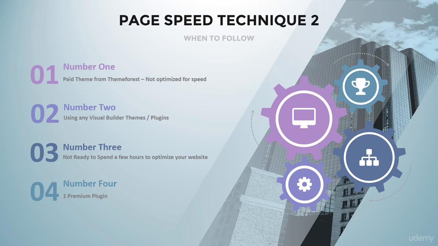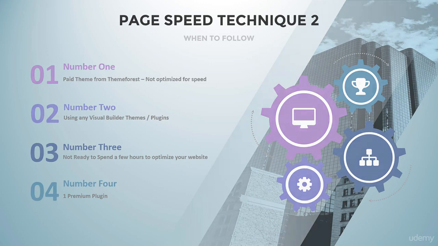If you ask me why this technique involves a premium plugin, then my answer is that a website becomes heavy or large in size because of poorly coded themes or plugins, which are often premium. So the logic here is, if a user or student prefers a premium theme, then he or she doesn't mind opting for a premium plugin to optimize the theme, isn't it?